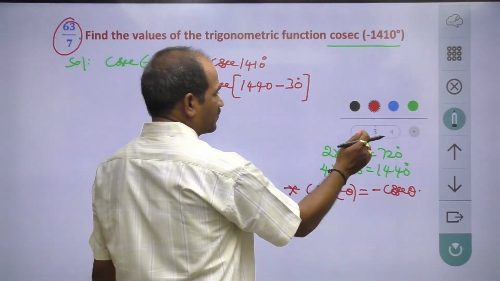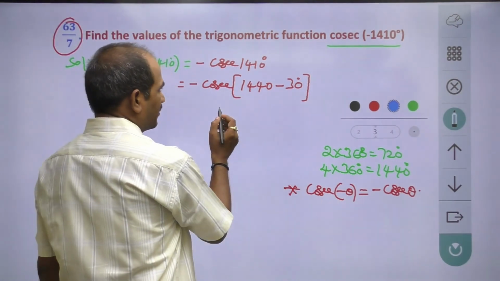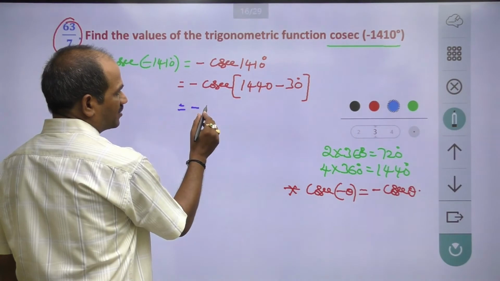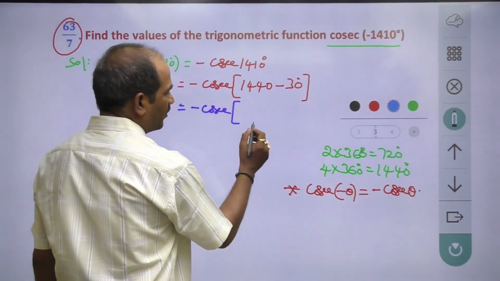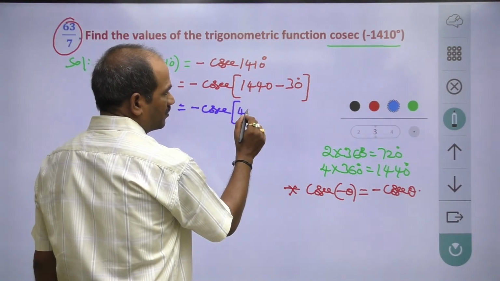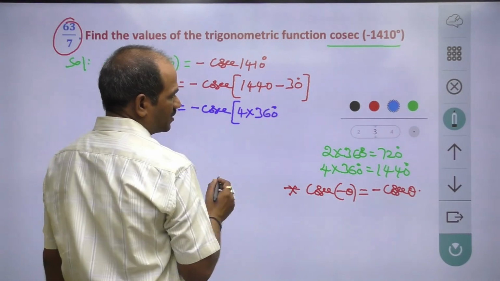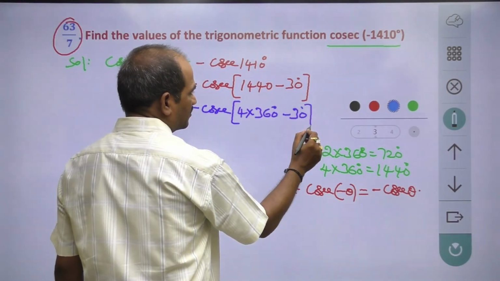Next apply this formula. That is equal to minus cosecant of 1440, which means 4 into 360 degrees, minus 30 degrees.